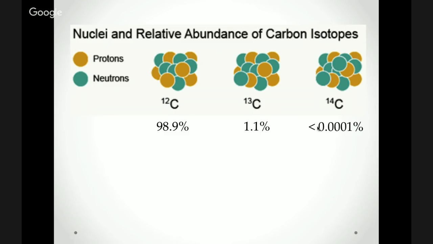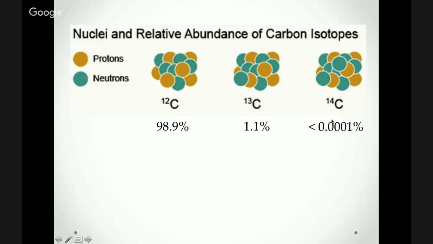So let's talk about this relative abundance, or percent abundance as it may be referred to. Here's an example showing carbon 12, carbon 13, carbon 14, and we can see that they're all carbon, so they're all going to have the same number of protons, but the neutron number is what is going to be different with each. As you can see, carbon 12 has the highest percent abundance, carbon 13 a very small amount, and carbon 14 even smaller.